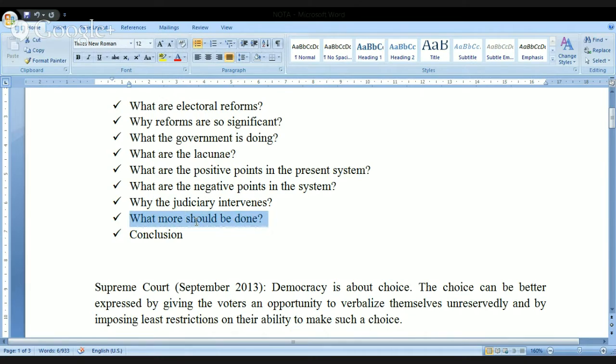Kindly see here, after I complete my discussion, you may have your own points in your mind. If you feel your points are really logical and rational, don't hesitate to write those points in the examination. This is very, very important for me. It is not just following the points I am going to tell you.